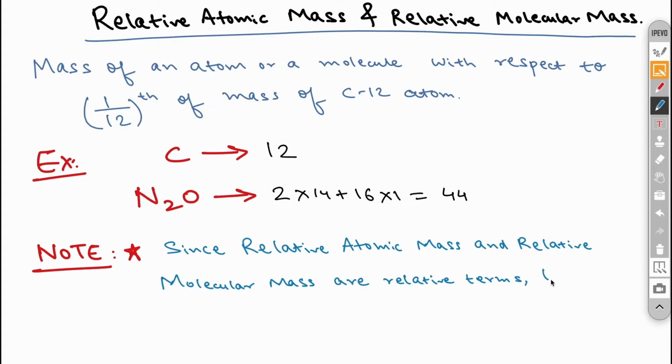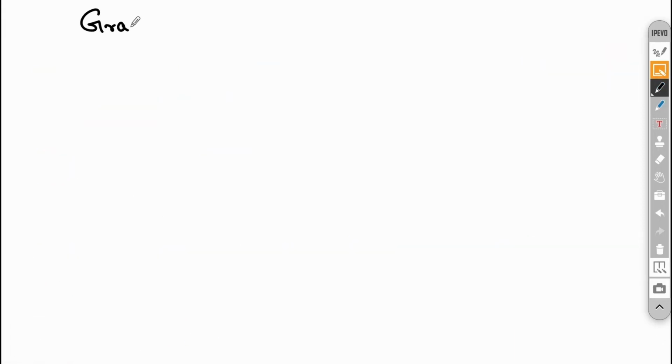So it's a relative term. So since relative atomic mass and relative molecular mass are relative terms, therefore these terms are unitless. Basically, when we write the final answer, we don't need to write the units. These are unitless terms.